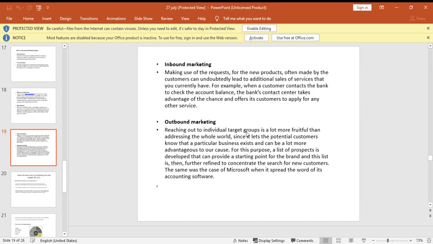Then outbound marketing is reaching out to individual target groups, which is a lot more fruitful than addressing the whole world, since it lets the potential customers know that a particular business exists.